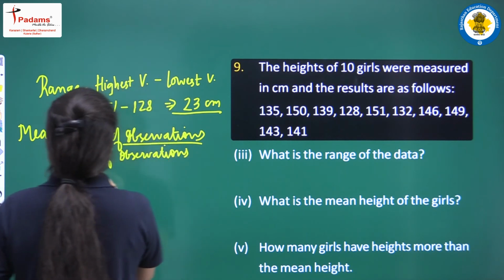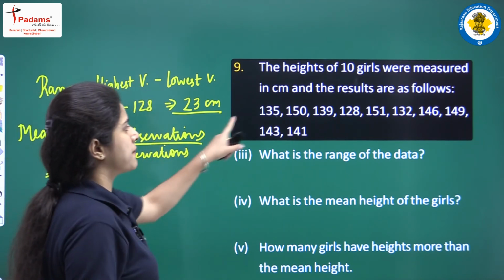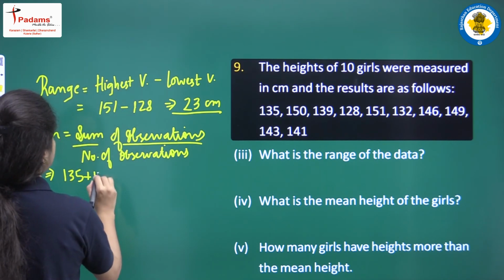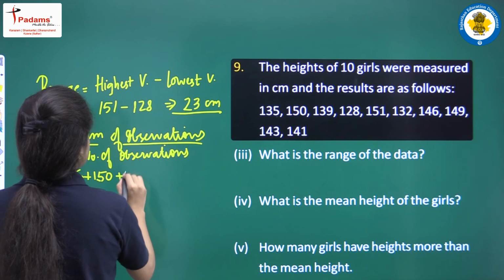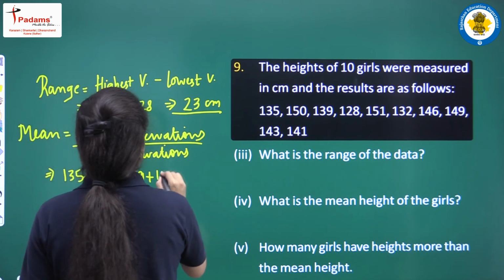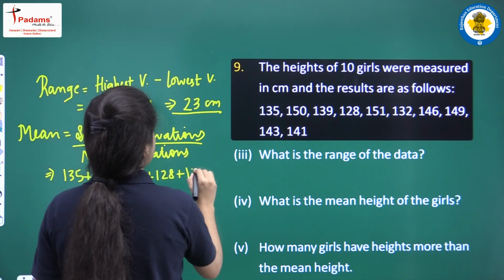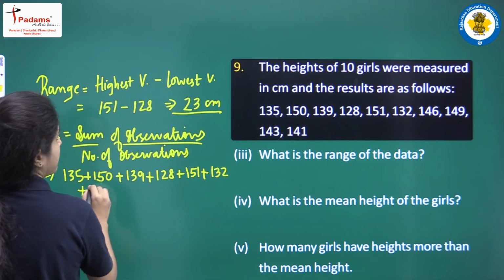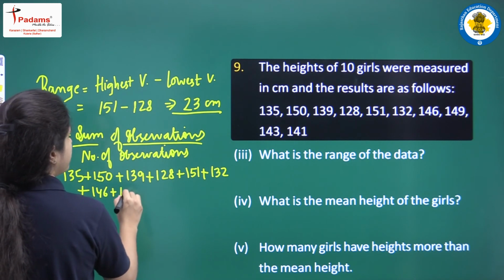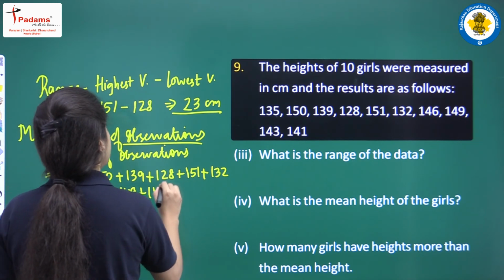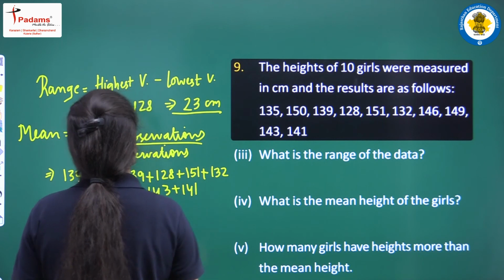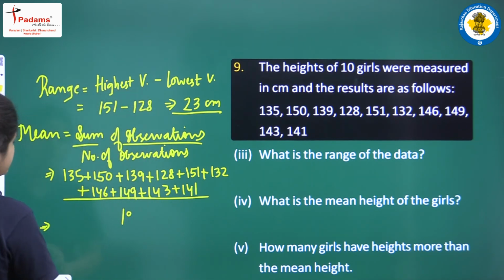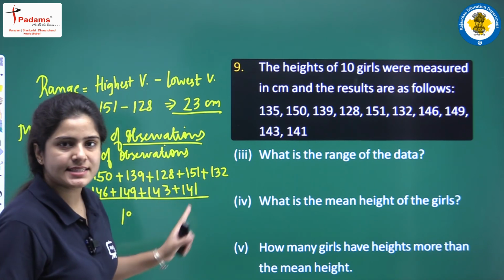Now students, the sum of observations is equal to 135 plus 150 plus 139 plus 128 plus 151 plus 132 plus 146 plus 149 plus 143 plus 141 upon 10. Alright students? Now we'll add these things.